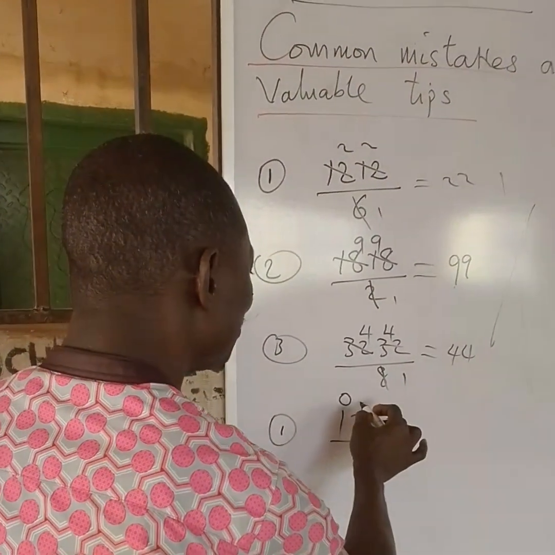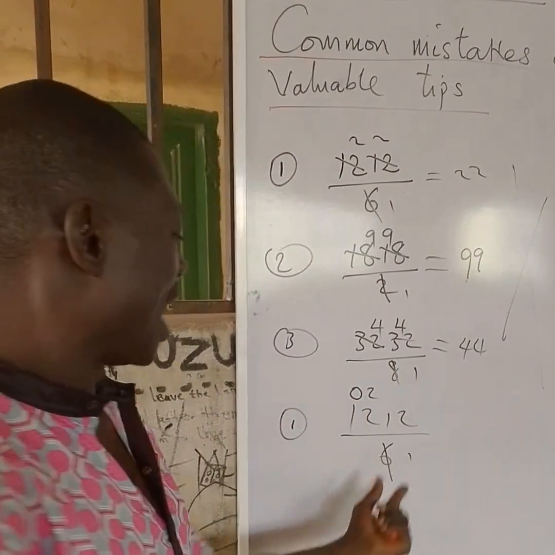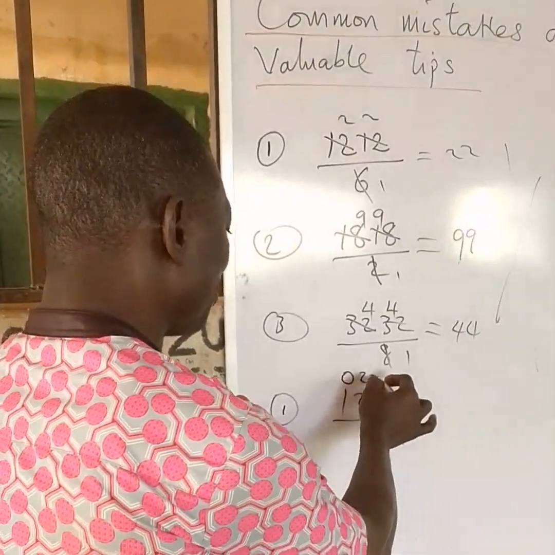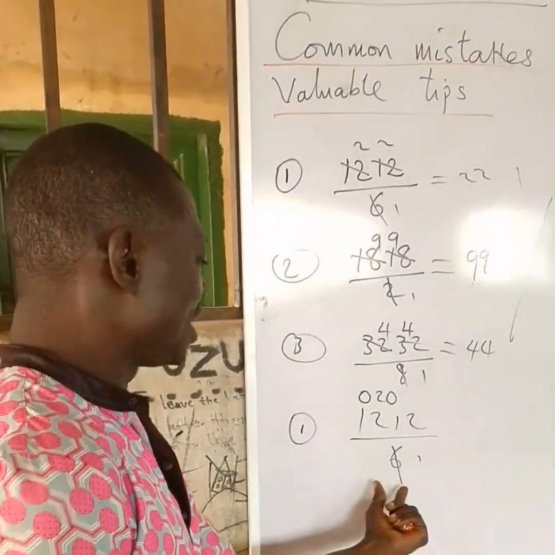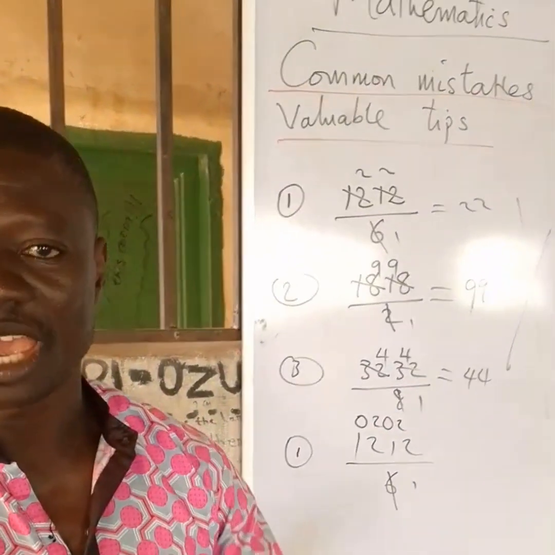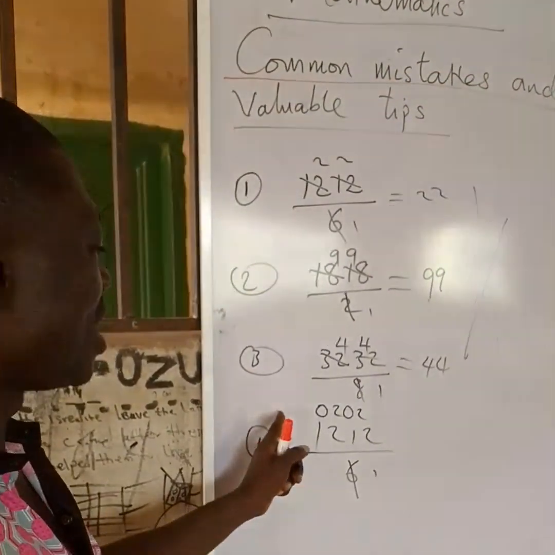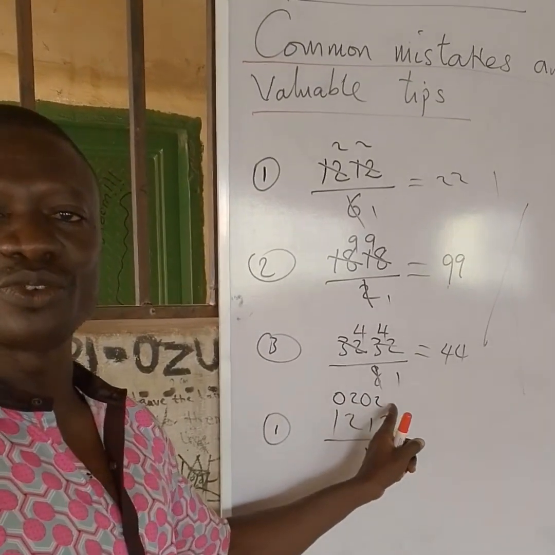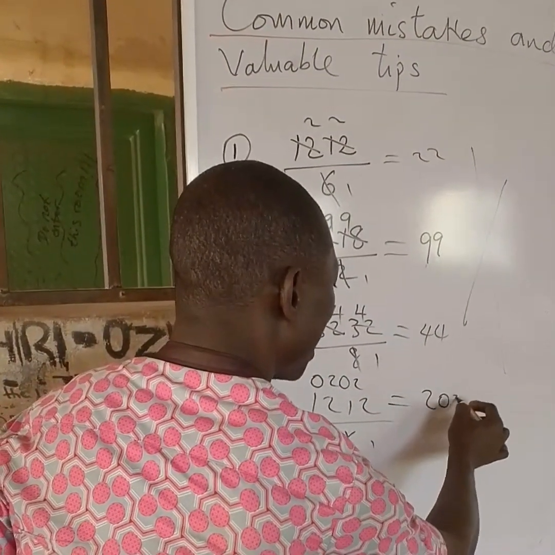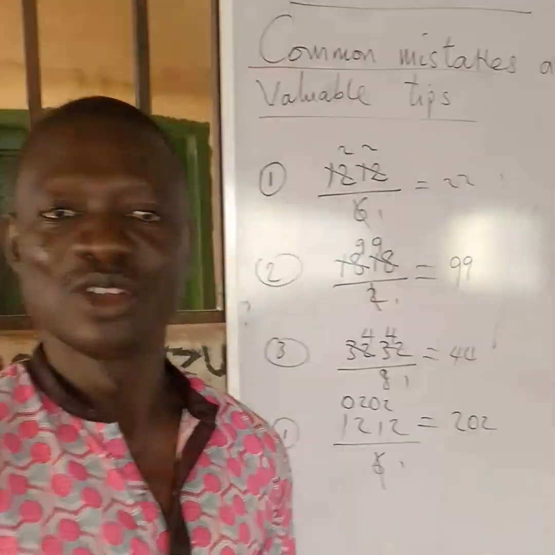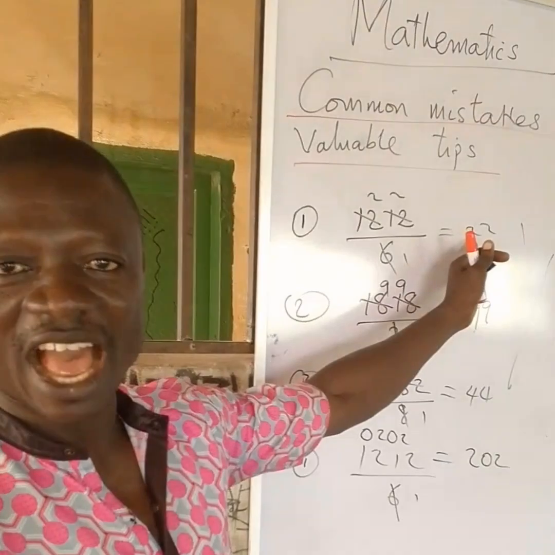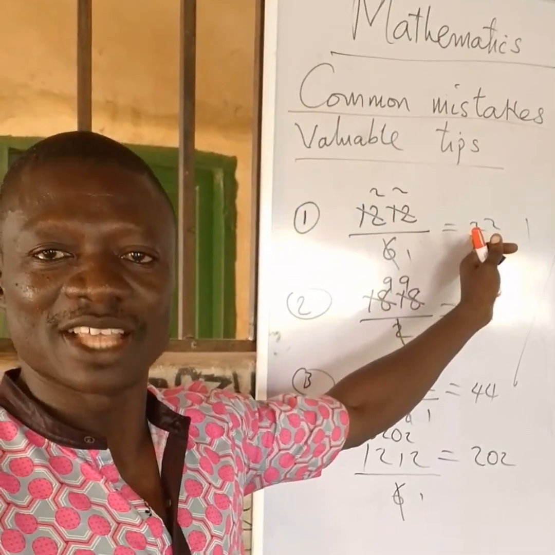We will have 2. Then 6 divided into 1, it cannot work, so we put 0. 6 divided into 12 will give us 2. And so what is our result here? Our result is 0, 2, 0, 2, which means 202. And so 202 will be the answer, and not 22, as one may assume in the first place.